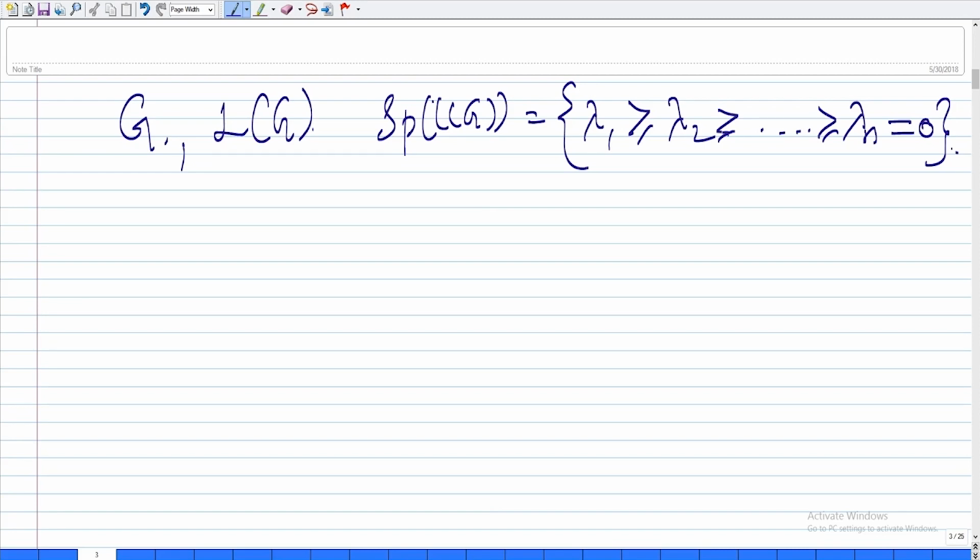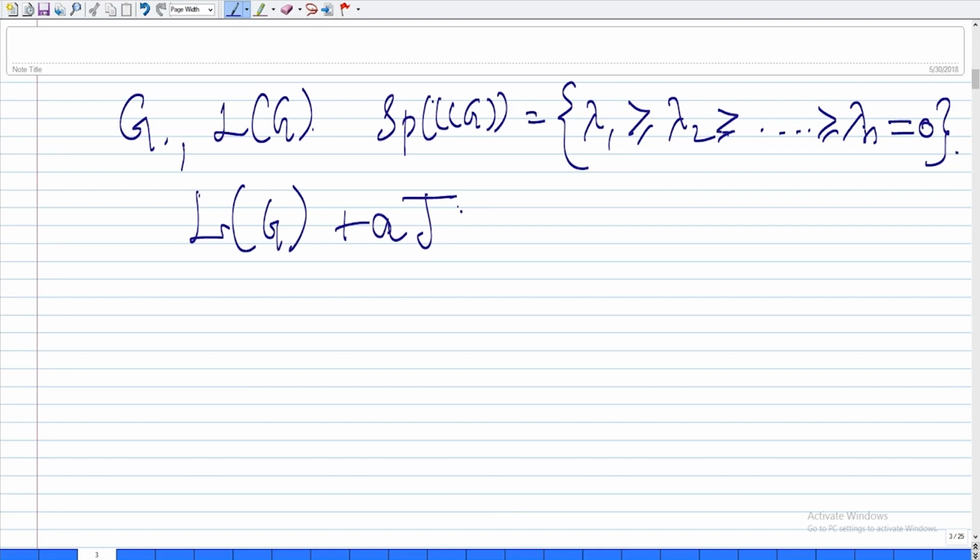Now my question is, what can I say about L of G plus A times J? We have a Laplacian matrix of some graph, and to it I add A times the J matrix, the all ones matrix, so that A times J is the all A matrix.